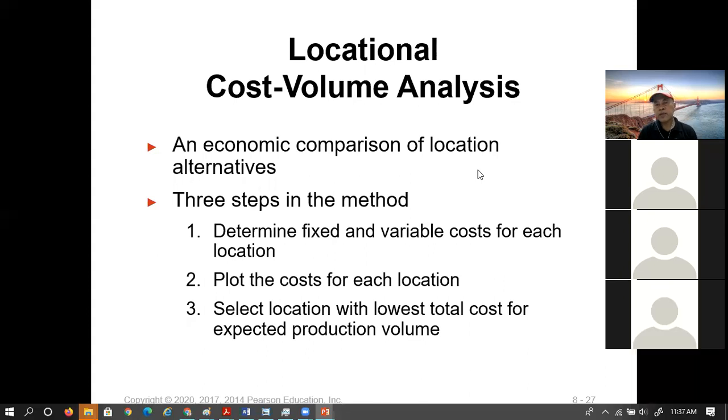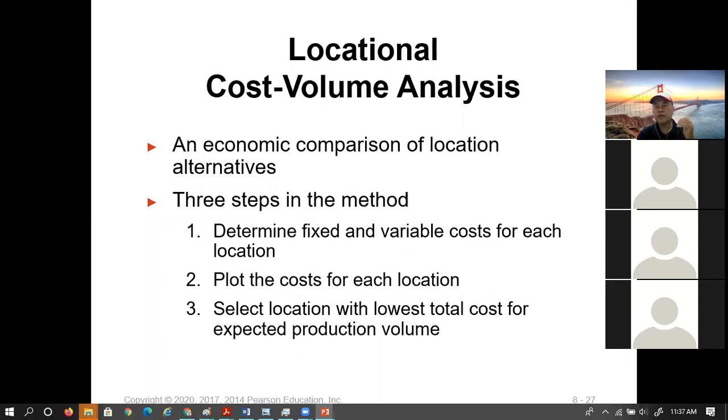The three steps in the method are: determine the fixed and variable costs for the different target locations that we want to have; plot the cost for each location; and then select the location with the lowest total cost for the expected production volume.